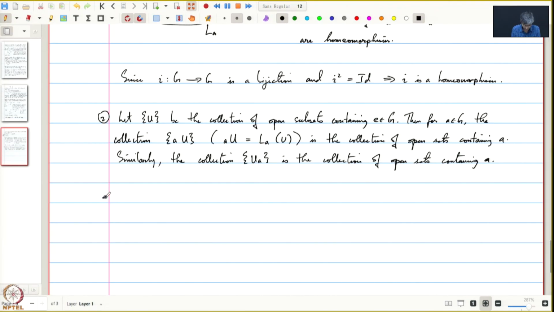Okay, so let's make this third observation, which is a very useful lemma. Let V containing the identity be an open subset.